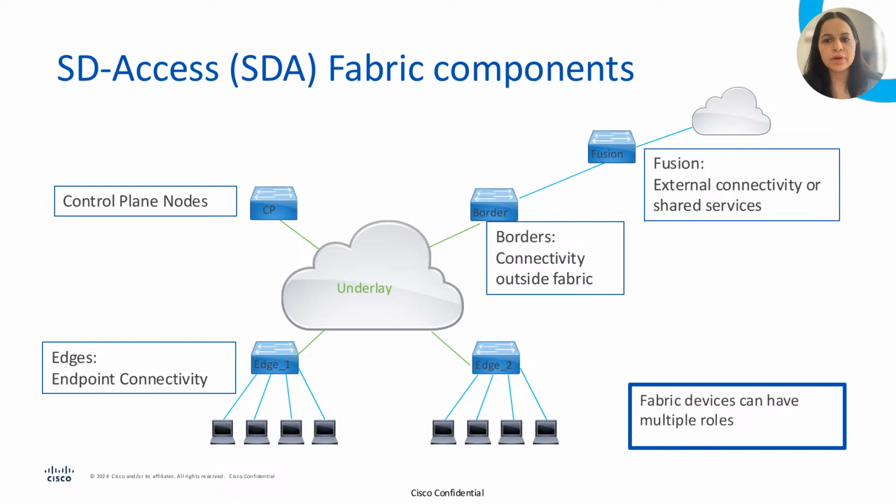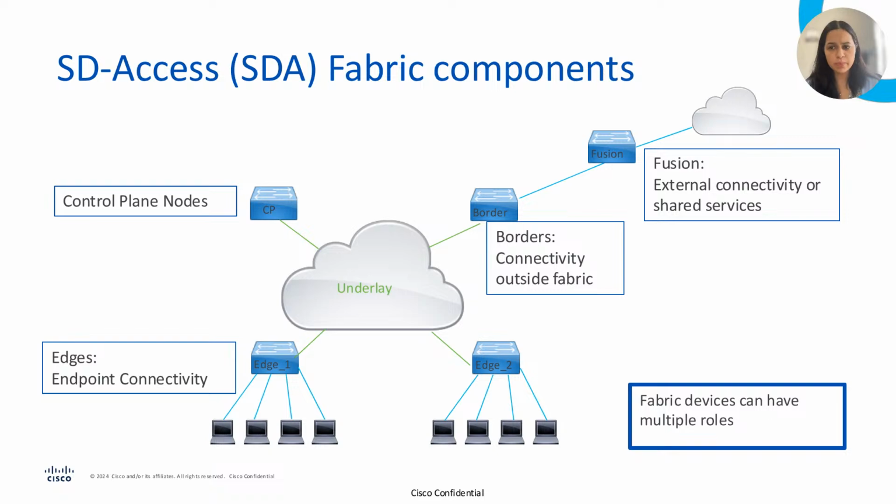In SDA Fabric, we have edge nodes where our users get connected. Then we have border nodes, which provide connectivity outside the fabric. Then we have a fusion router, which provides connectivity to shared services like Catalyst Center, DHCP, and ICE, and also provides connectivity to the internet or to any other remote sites.